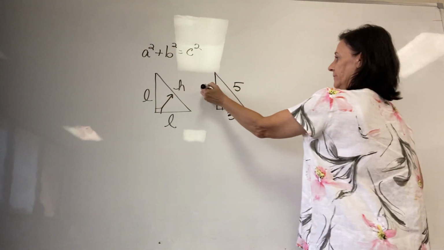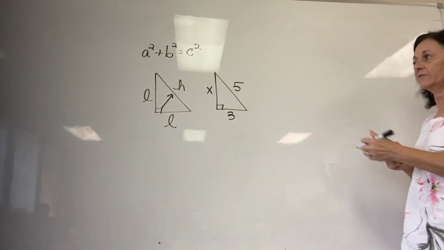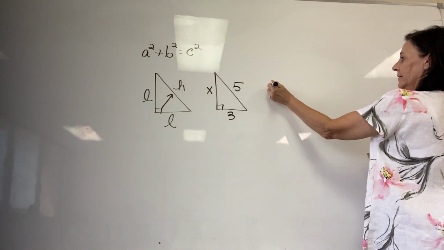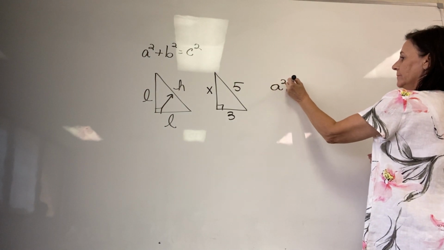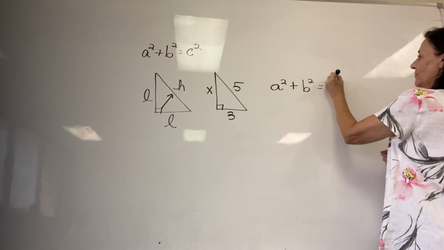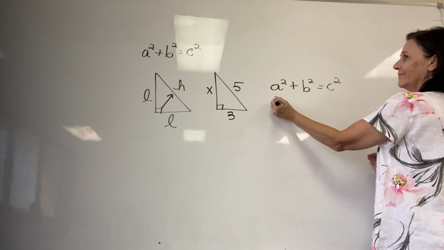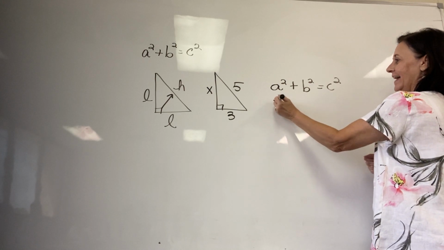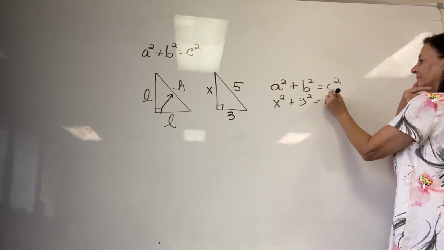Now, what if instead of those sides that I had, the x was here? What's the formula? Say it, everybody. a squared plus b squared equals c squared. Plug in the numbers. x squared plus 3 squared equals 5 squared.